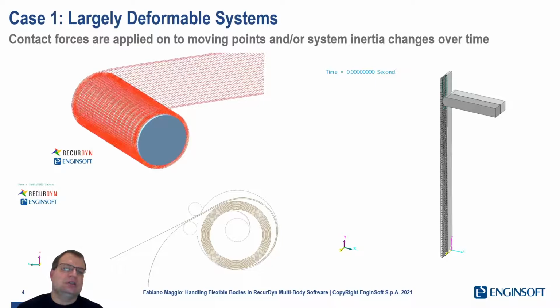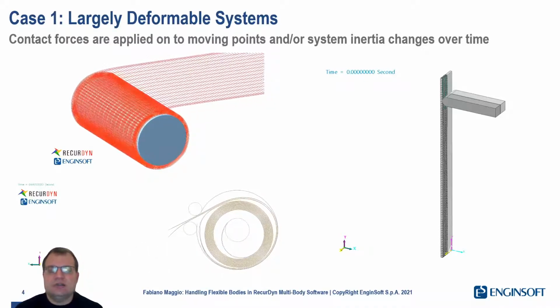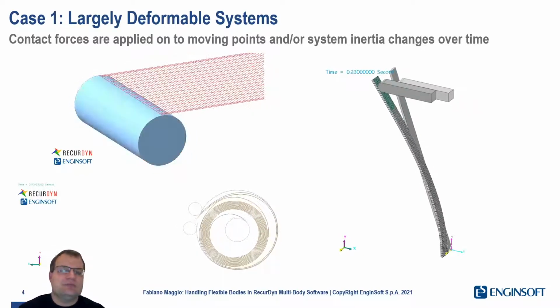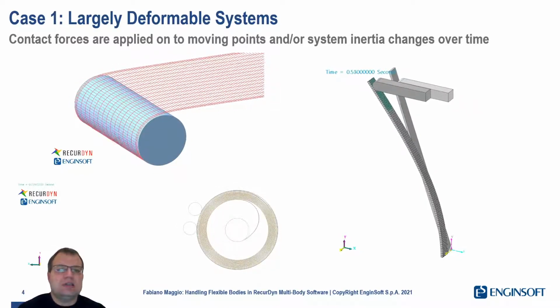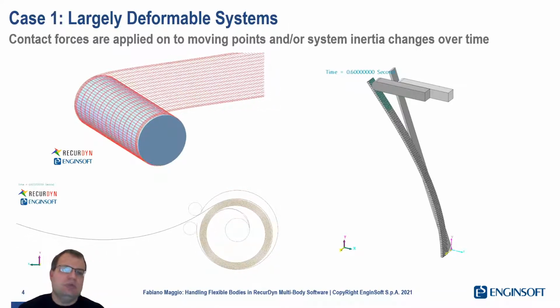And I'm pushing the two beams with the same force. What happens? This is the result. The same force is giving completely different results on right and left. And the reason is very simple.